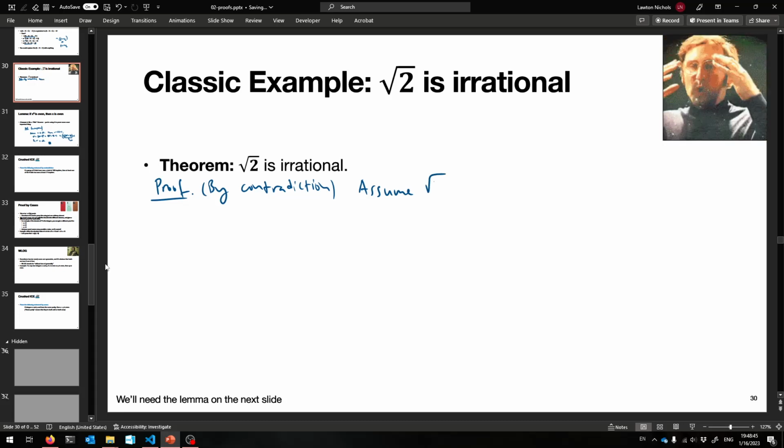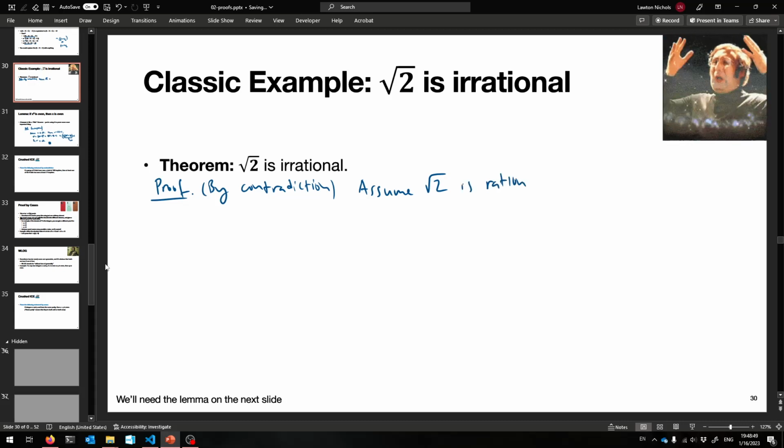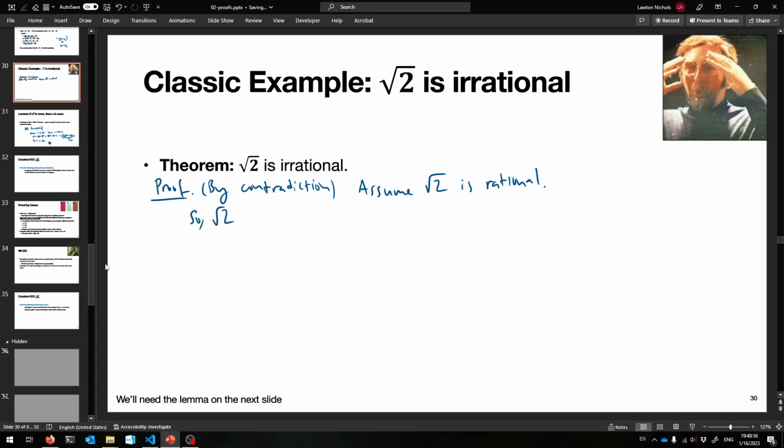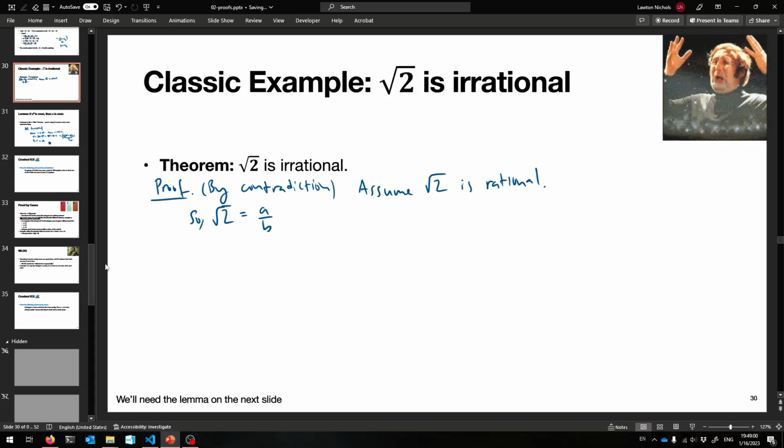Assume square root of 2 is rational. And that's beautiful because we know what it means to be rational. We can unpack that definition. So square root of 2 better be equal then to, let's say, a over b this time. For some integers a and b, if I'm assuming it's rational, it better be equal to two integers, their ratio.